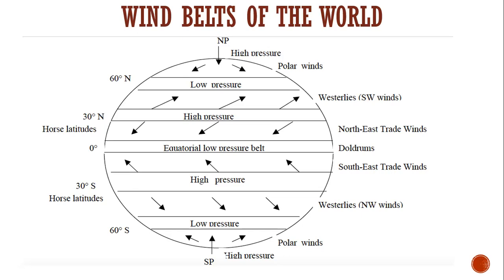And there are also these belts, the doldrums and the others which are allocated in degrees: 60 degrees north equal to 60 degrees south, and 30 degrees south equal to 30 degrees north, which are horse latitudes, and the equatorial low pressure belt that is also described as the doldrums.